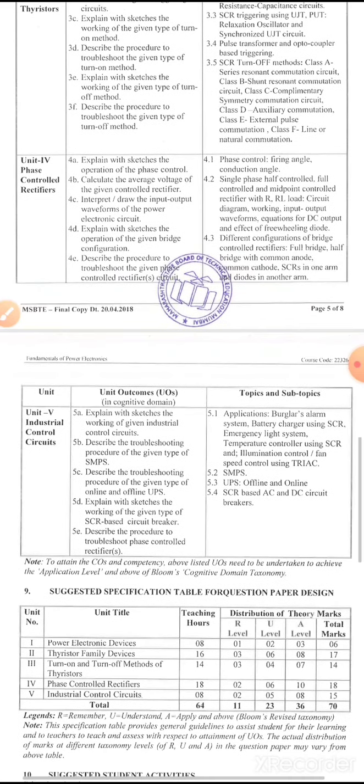Another most useful instrument is the UPS, uninterrupted power supply. If the light is off, then the UPS is used; offline and online are the two types of UPS. And last is SCR based AC and DC circuit breakers.